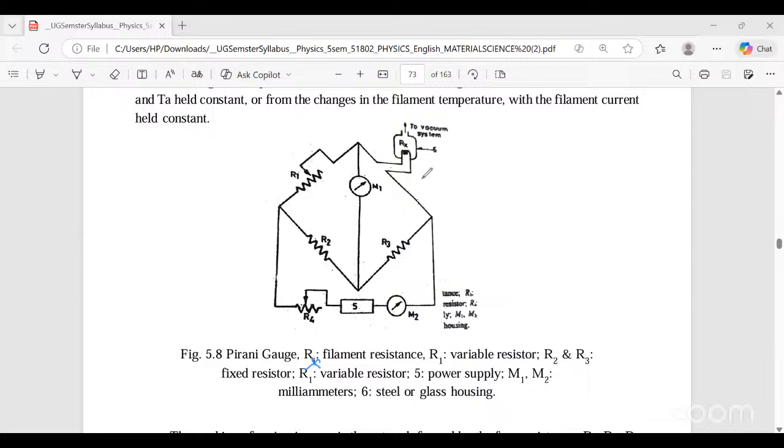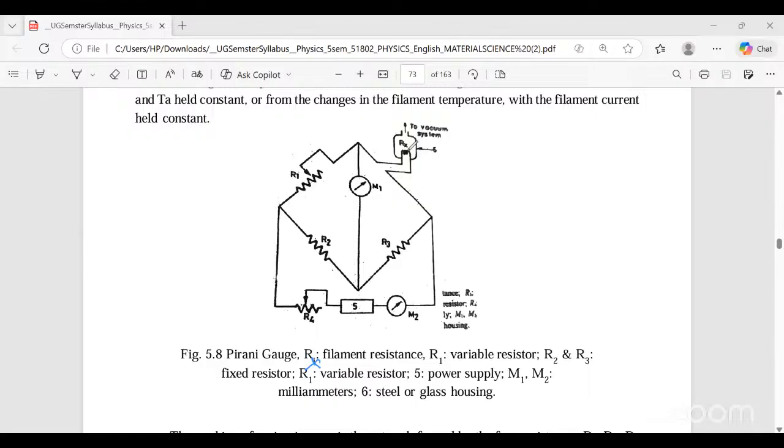Rx is made up of a material having a high temperature coefficient of resistance, so that a small change in its temperature will bring about a marked change in the value of Rx.